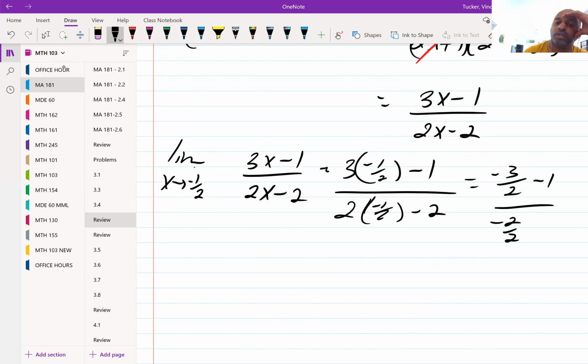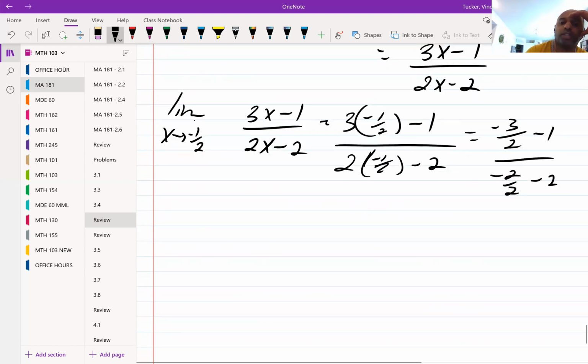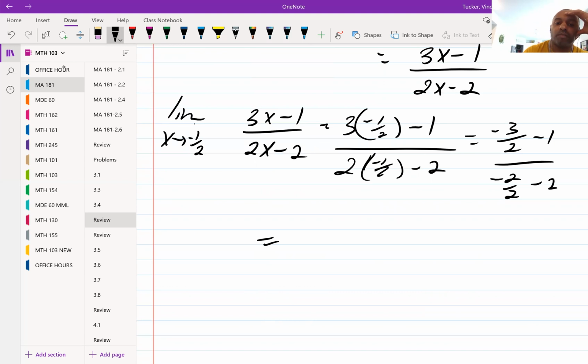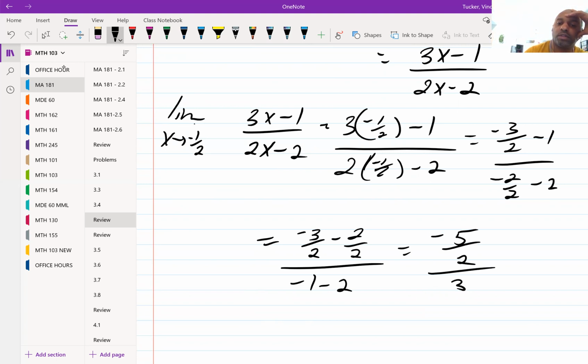This will be negative 3/2 minus 1. And negative 2 over 2 minus 2. I'm just going through all the steps. I'm going to leave this as a fraction. 1 would turn into 2 over 2. Then here, this would be negative 1 minus 2. Negative 5 over 2 over negative 3.